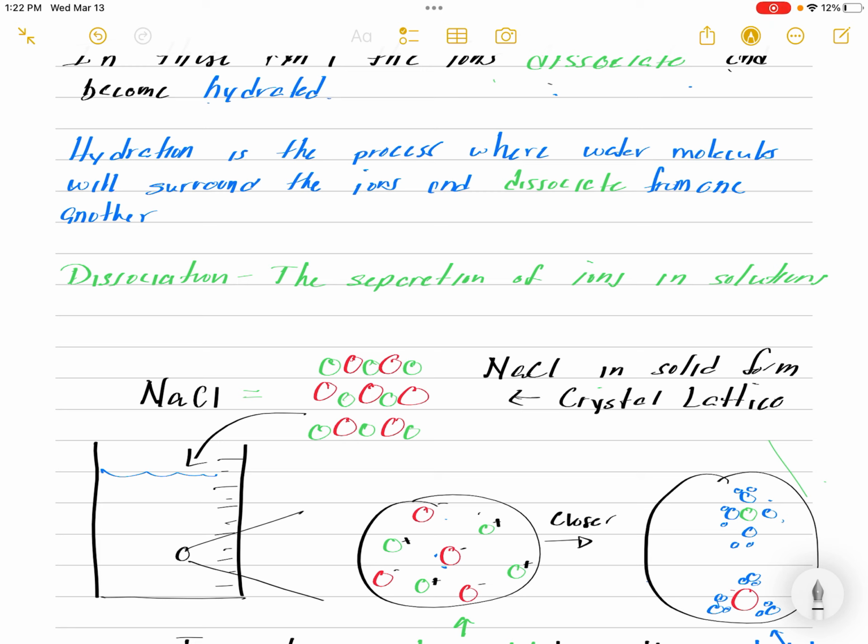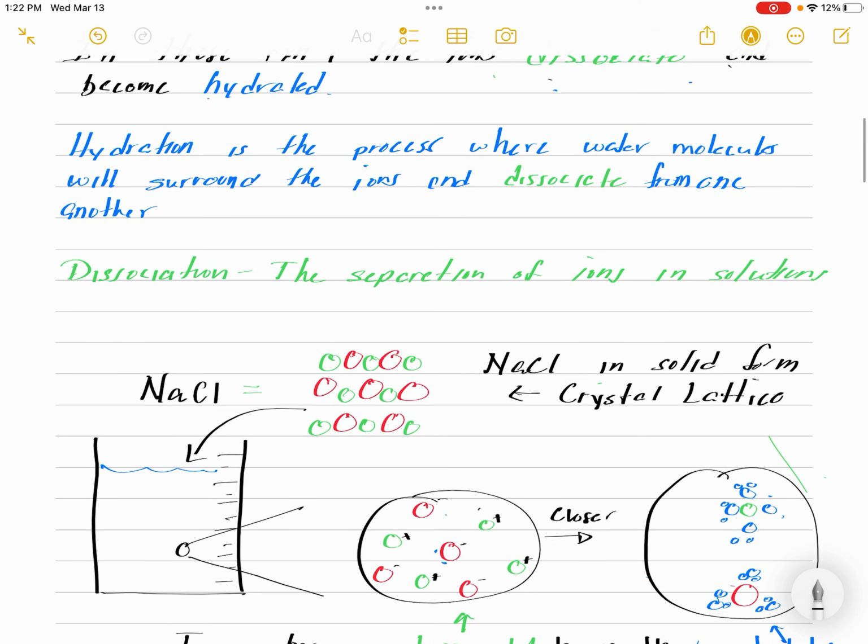Now, if we take a closer look and we're able to see exactly what's happening, here's what's happening, right? The water molecules here, right, are surrounding each ion. So the negative oxygen on the water molecule, right, because remember, water's polar, is going to be attracted to the positive of the sodium.